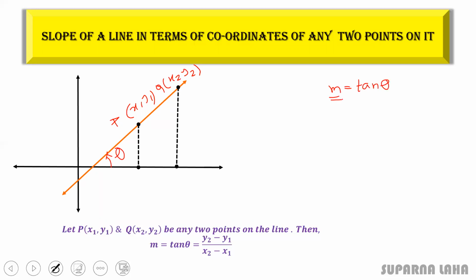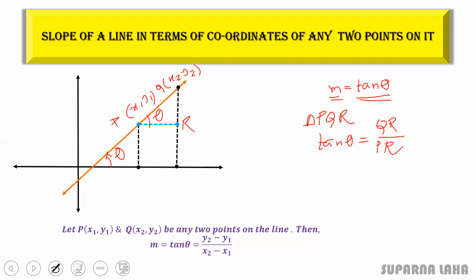Here we need to represent tan theta in the form of x1, y1 and x2, y2. If I draw a perpendicular, this angle is also theta. Look at this triangle PQR. So tan theta is what? This distance QR by PR.